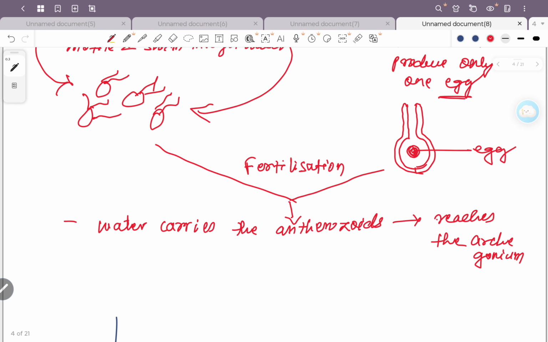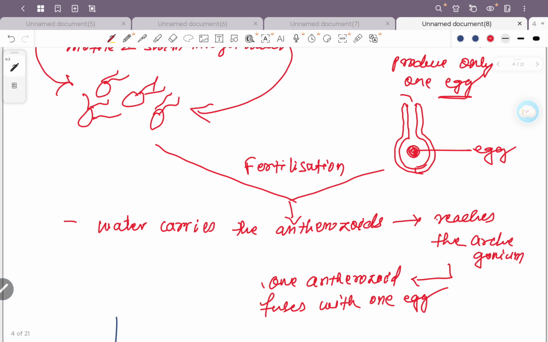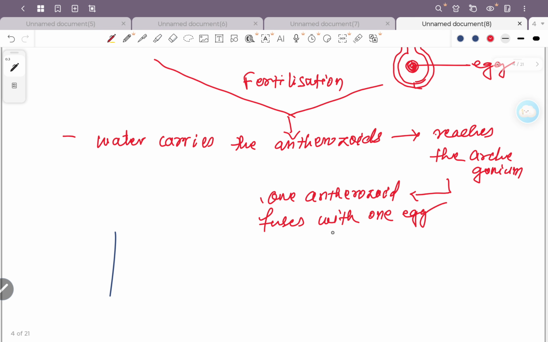Okay. And in the archegonium, one antherozoid fuses with one egg, because through this only one antherozoid can enter, and that antherozoid fuses with the egg, and after the fusion, what is formed?